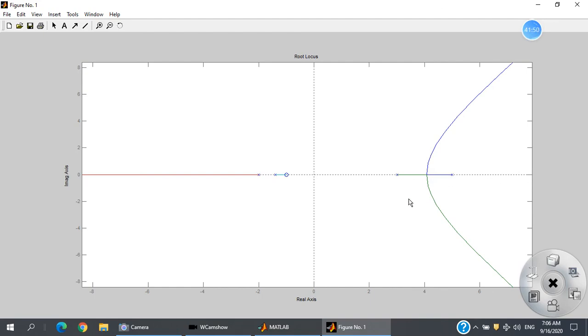So this always happens. On the real axis, when you have several different pieces of root locus, they are not directly connected. They have to have some kind of gap here, some gap here. Actually, these gaps are related to negative k.